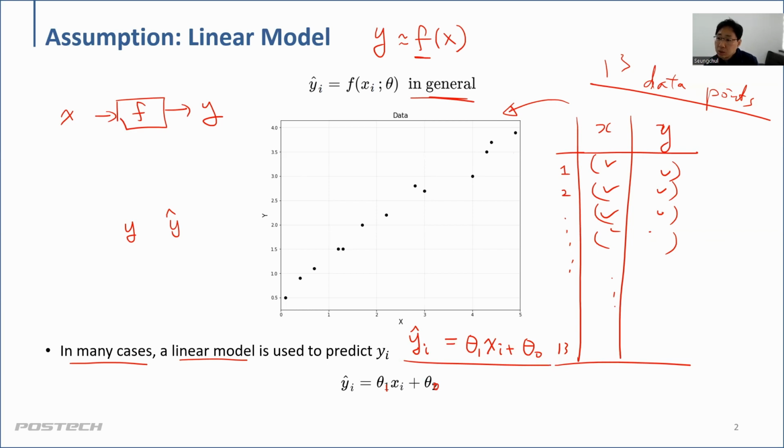That's your model, a linear model, where x is the input, y is the output, and theta naught and theta 1 are the parameters that you want to estimate.